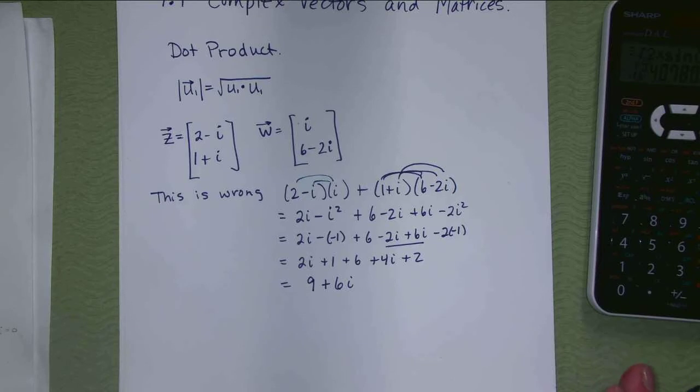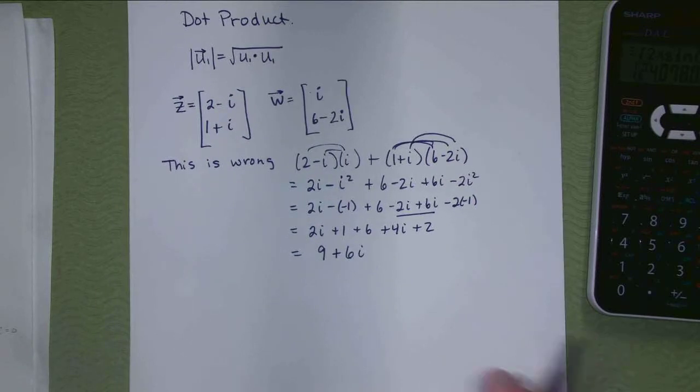Okay, so that's actually not the way to do it, but you can get a complex number as an answer. But this would not be a length. It's not a single number like a regular dot product. You can get a complex number, so this is the wrong way to do it. The right way to actually do a dot product is this.